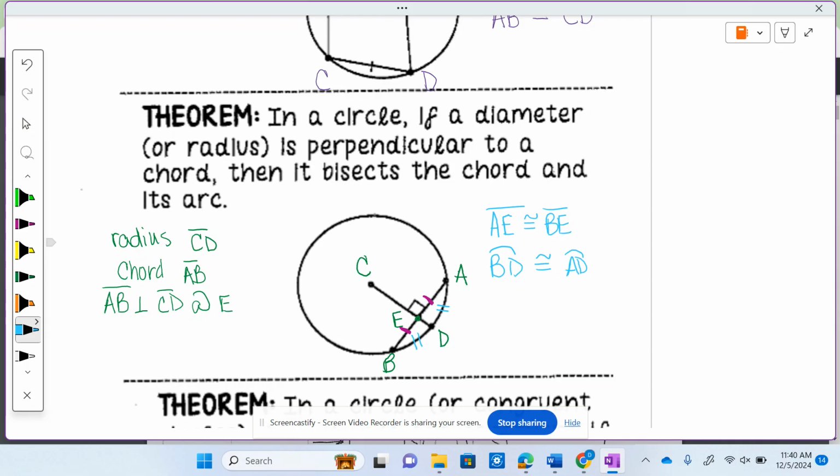Okay? I'll even say that CD bisects AB, the segment, the chord. Okay.